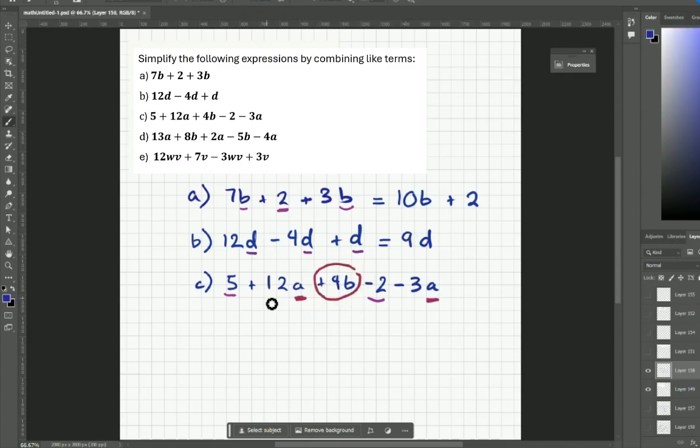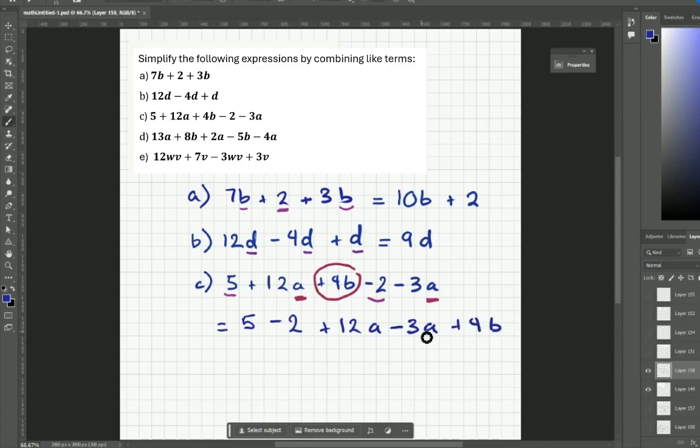So let's add everything up. This is going to be equal to 5 minus 2 plus 12a minus 3a plus 4b. All we've done is reorder and essentially pair everything together.